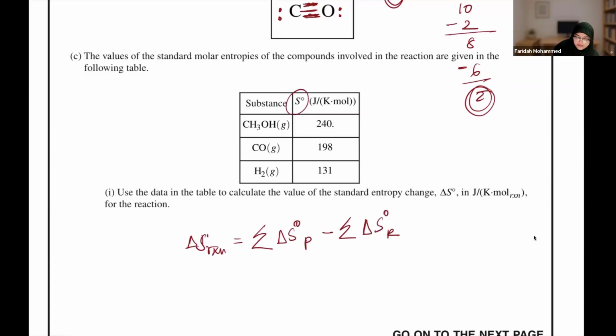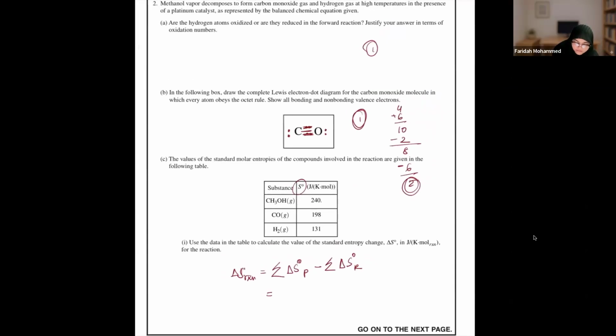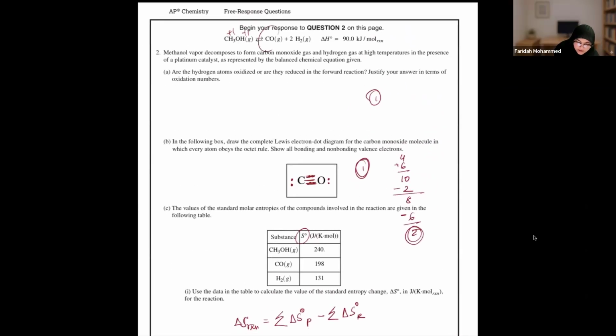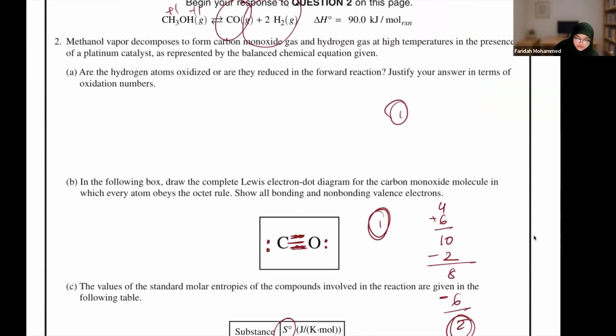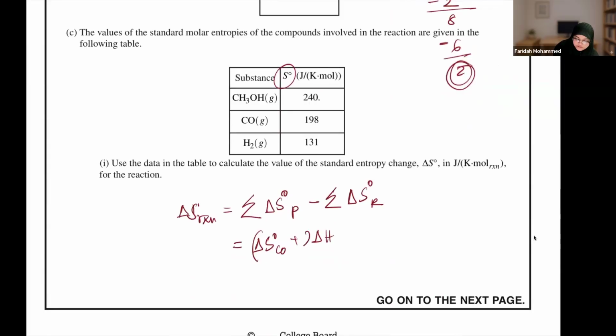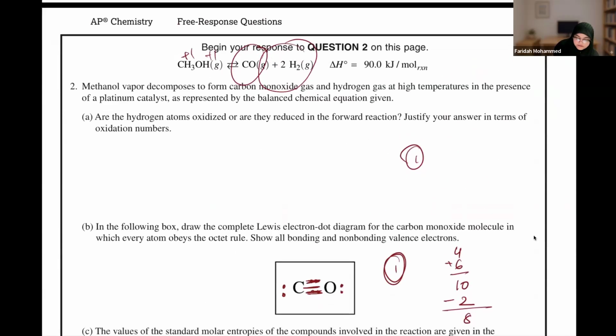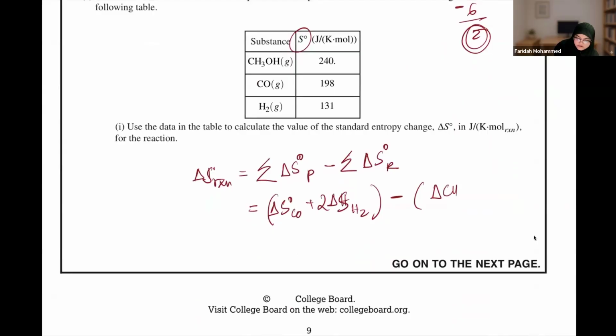And then what is the product? Carbon monoxide and 2 hydrogen. So you want delta S naught of carbon monoxide plus, because you have 2 hydrogen, make sure to put 2 times delta S of hydrogen, minus delta S of CH3OH.